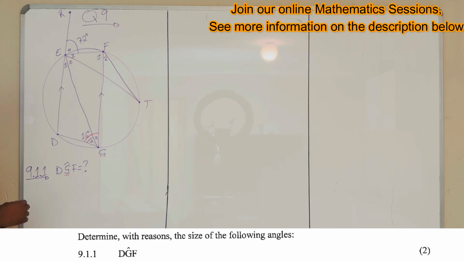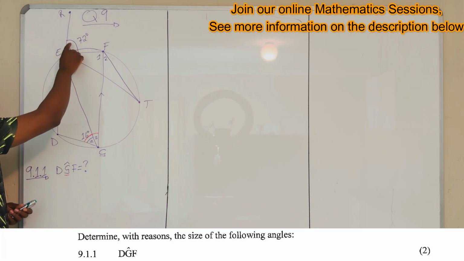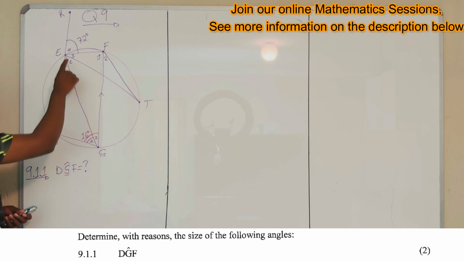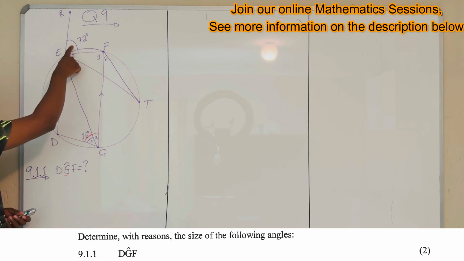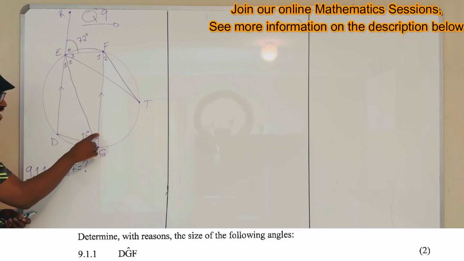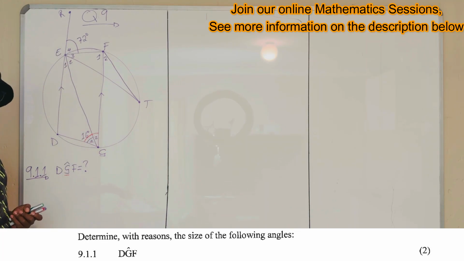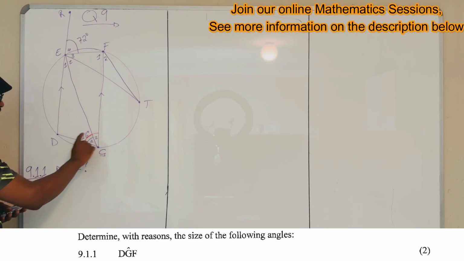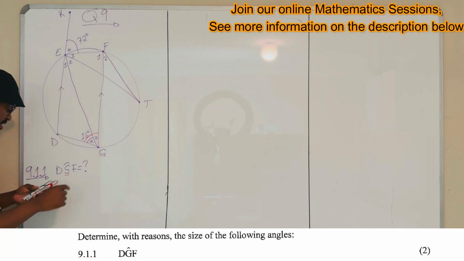Fine. So if you have watched it or you know cyclic quadrilaterals, you will know that an exterior angle of a cyclic quadrilateral is equal to the interior opposite angle. So that is an outside angle of a cyclic quadrilateral. It's going to be equal to the interior opposite angle. So in this case, this angle E4 is equal to this entire angle here, which is DGF.